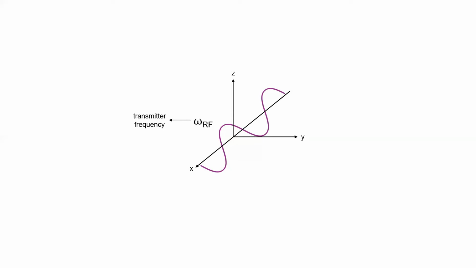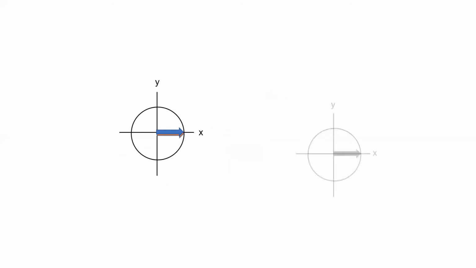The oscillating magnetic field can be split into two counter-rotating fields, B1 positive and B1 negative. That is, the magnetic field along the positive x-axis and the one along the negative x-axis. Both fields combine together to give a total magnetization. At time 0, they are both aligned along the x-axis and so add up to give a total field of 2B1 along the x-axis.